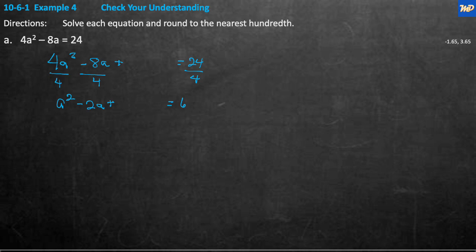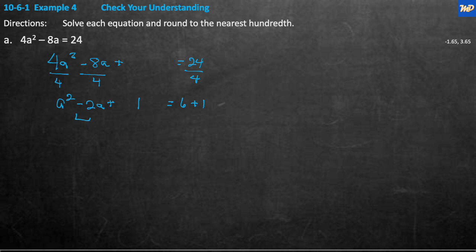So what is the term we're missing? Well, the term we're missing is half the b term squared. The b term is negative 2. So half of negative 2 is negative 1. Negative 1 squared is 1. I'm going to add a 1 to both sides.